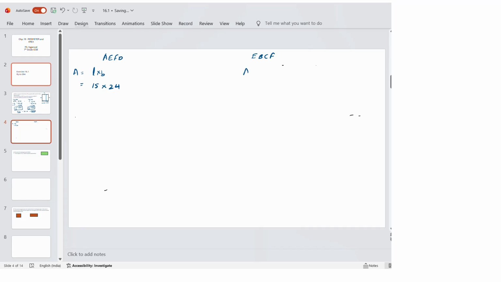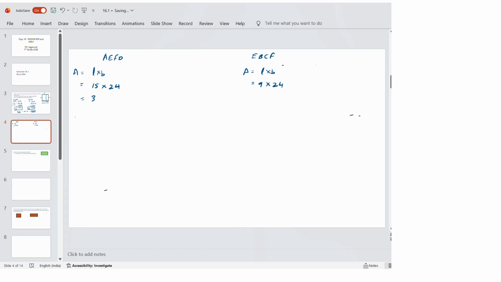Again for EBCF, this is length into breadth, which is 9 into 24. 15 into 24 would be 4 5s are 20, 360.